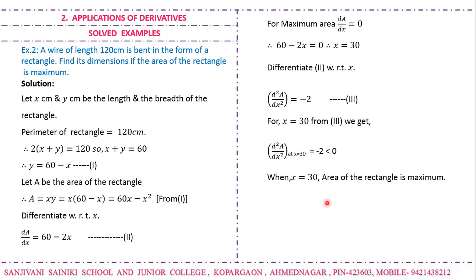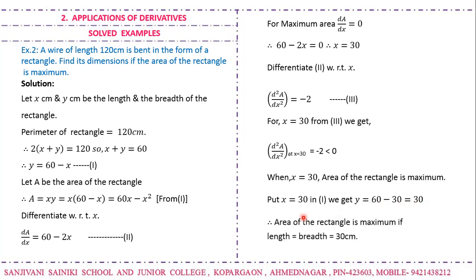That means the area of the rectangle is maximum when the side is 30. So length is 30, and breadth is y = 60 - x = 60 - 30 = 30. We conclude that the area of the rectangle is maximum if and only if the length equals the breadth, which is 30 centimeter. That is, the area of the rectangle is maximum if it is a square.